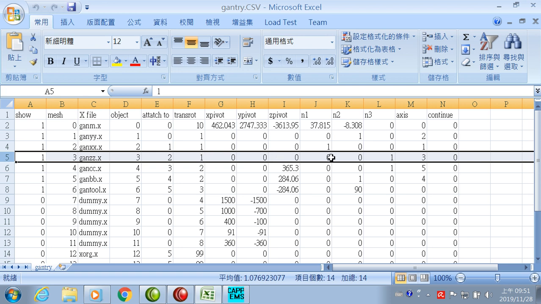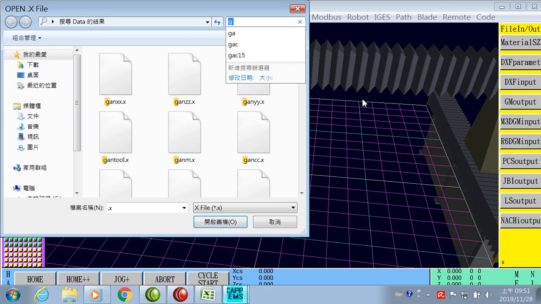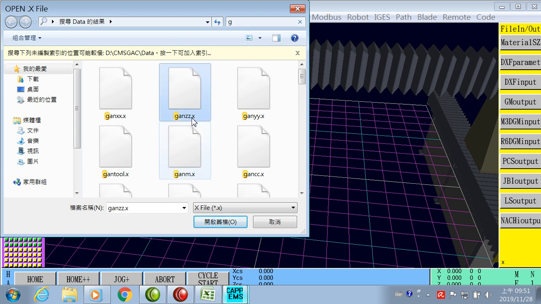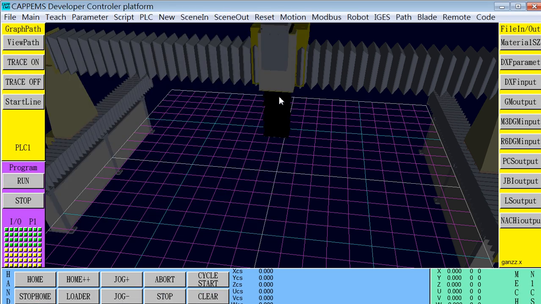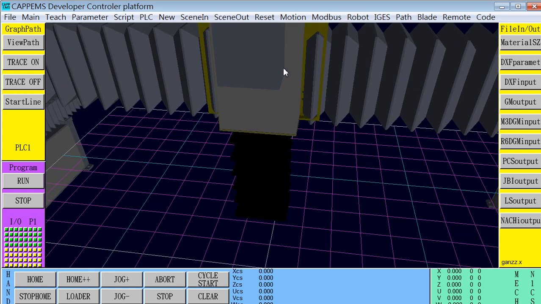The direction of moving is 0, 0, 1 along z positive direction using motion control card 3. ganzz.x. The z-axis is on top of x-axis, moving up and down.